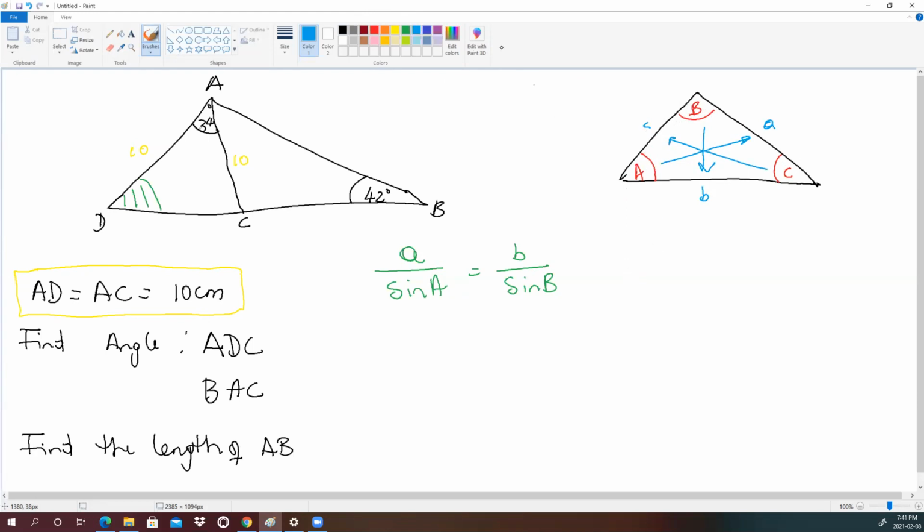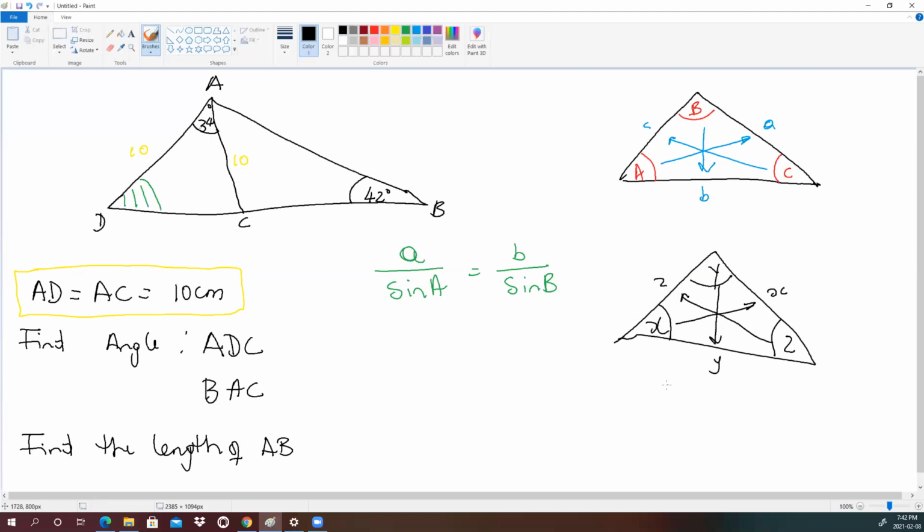So it doesn't matter if I draw a new triangle. If I draw a brand new triangle and name this angle X, and the others Y and Z, it would still be the same principle. The opposite side would be small y, and this opposite side would be small z.